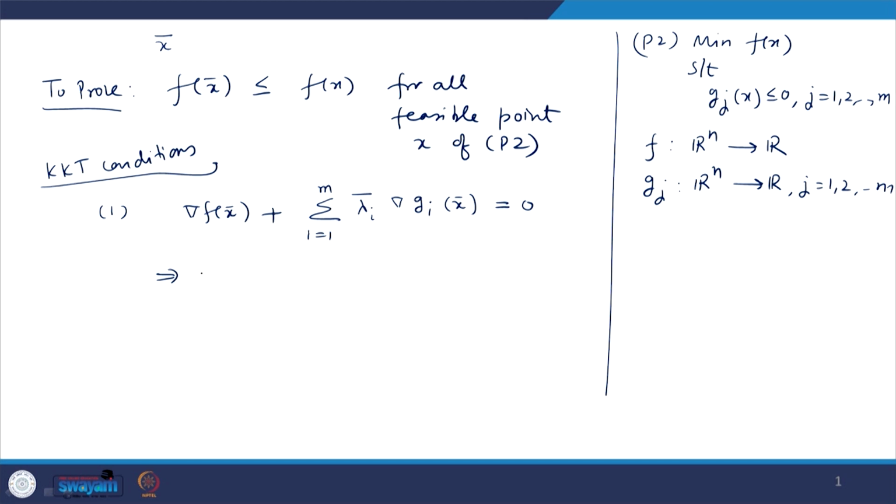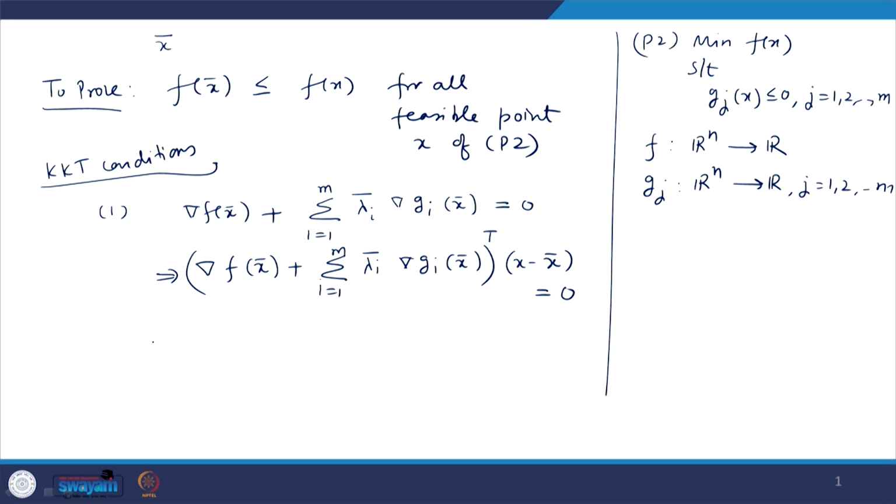So, this implies we can use this as gradient f(x bar) plus summation i from 1 to m lambda_i bar gradient of g_i(x bar). If it is 0, then this will also be 0, where x is any feasible point of the problem P2.